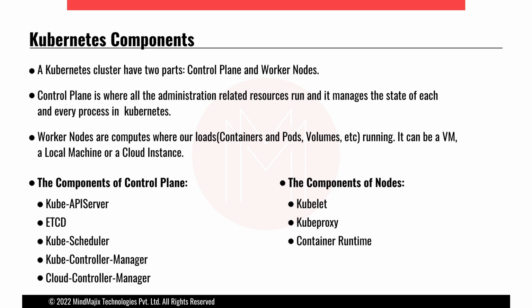Suppose you have created a manifest file, and whenever you run that manifest file, it deploys a pod. How will Kubernetes get to know what was last applied to that pod, and what configuration is running for that pod? All of this gets stored in etcd.